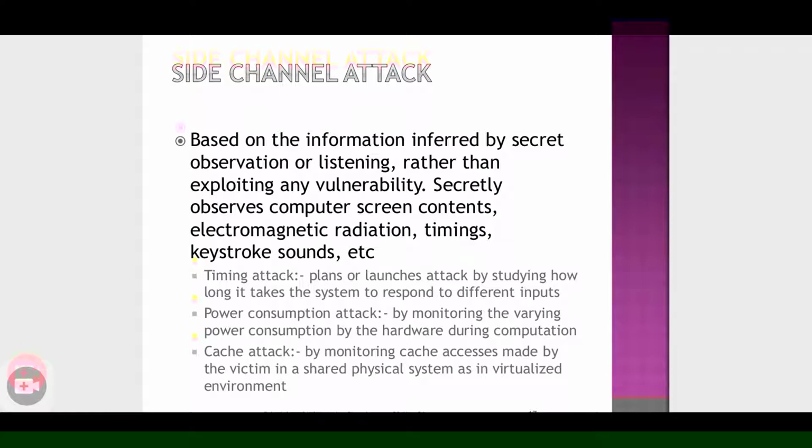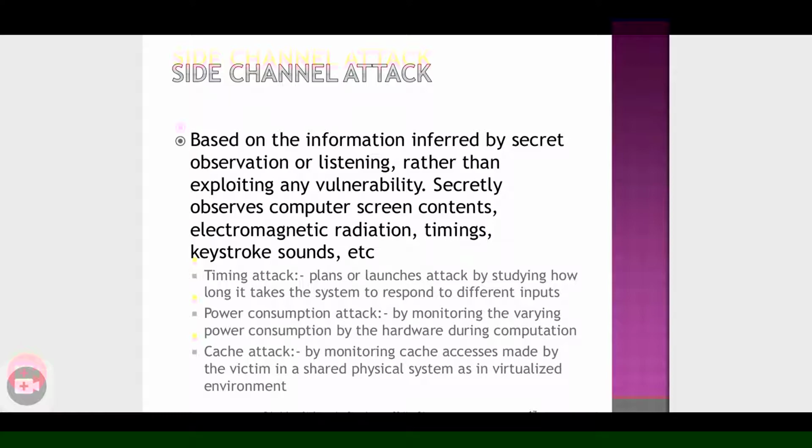That means the attacker infers information by secretly observing or listening: secretly observing the computer screen contents, or using electromagnetic radiation, timings, keystroke sounds, etc. The attacker continuously watches or listens to the computer screen to get some information, and based on that information he can modify the content. Okay, so the first one is a timing attack.